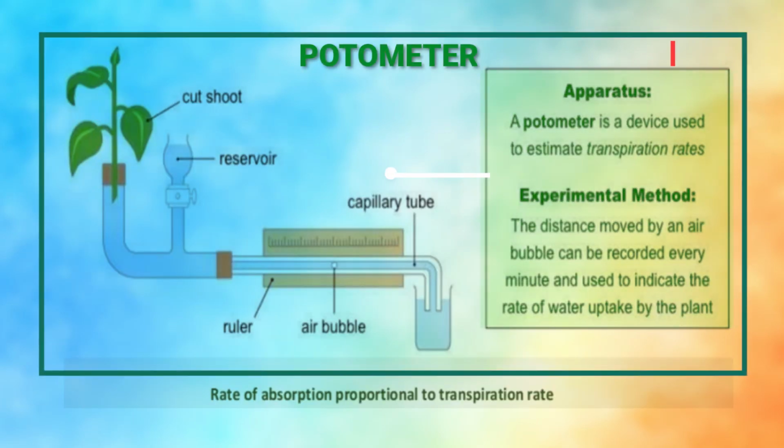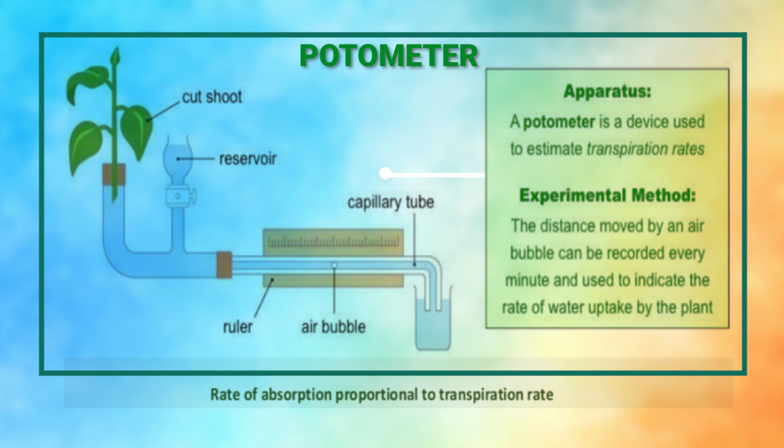A potometer is a device where one arm is fitted with a plant. It contains a funnel where water is poured, and the other arm of the instrument is connected with a capillary tube containing a measuring scale.